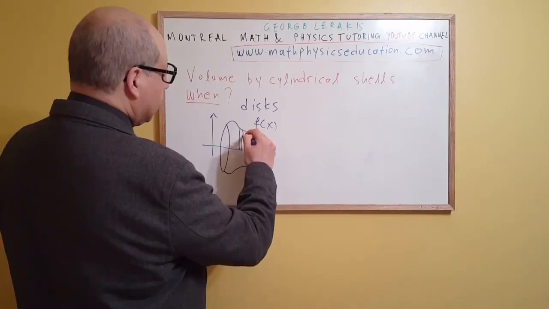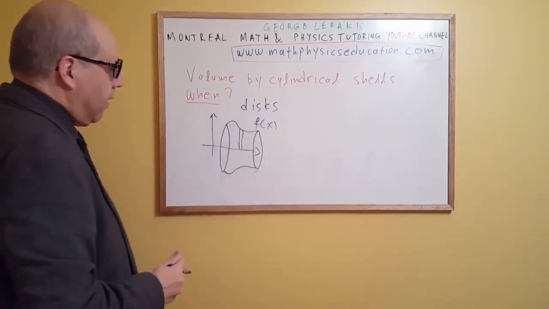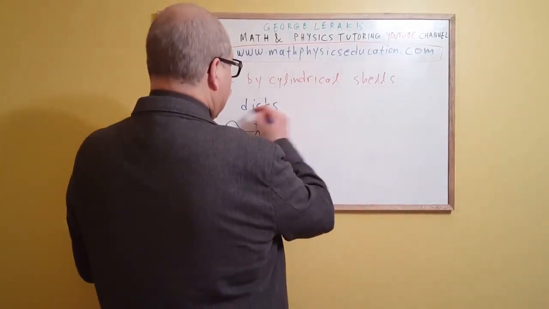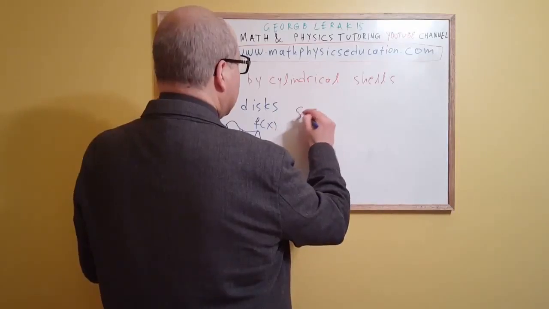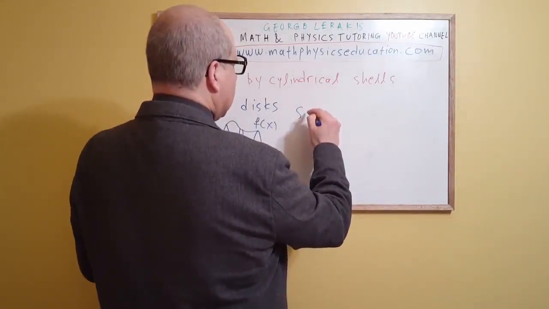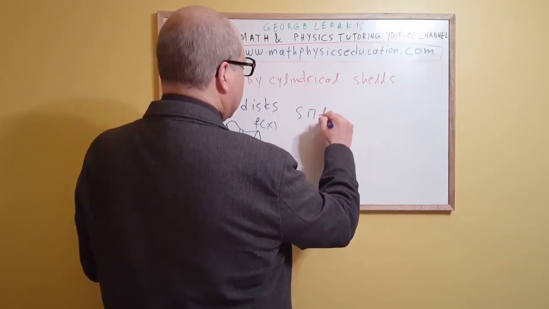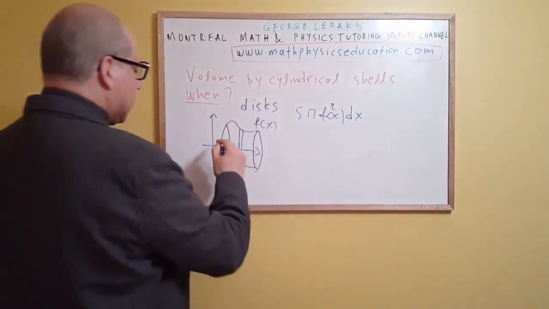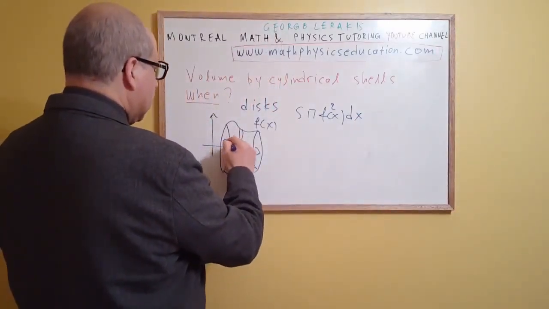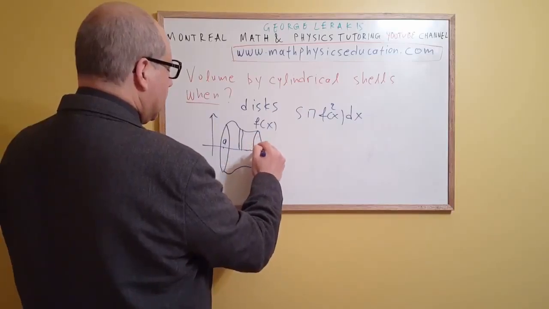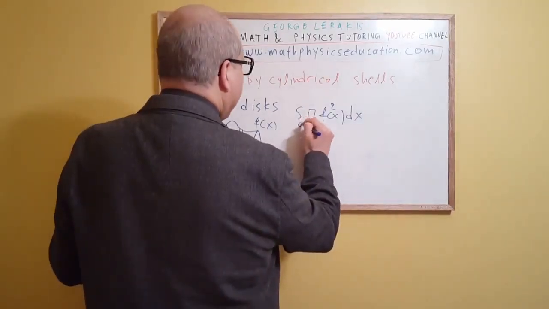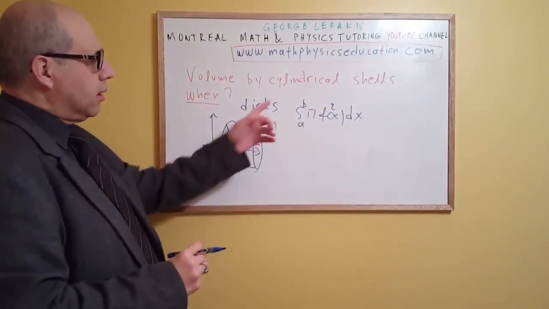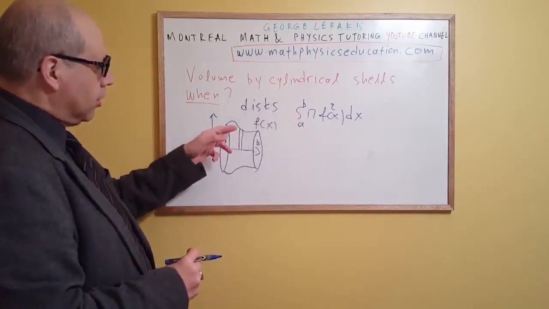that have radius f of x, and we use the formula for cylindrical disks, which is the integral of pi f of x squared dx, from this point here, which is A, to this point, which is B. This definite integral will give you the volume of this figure here.